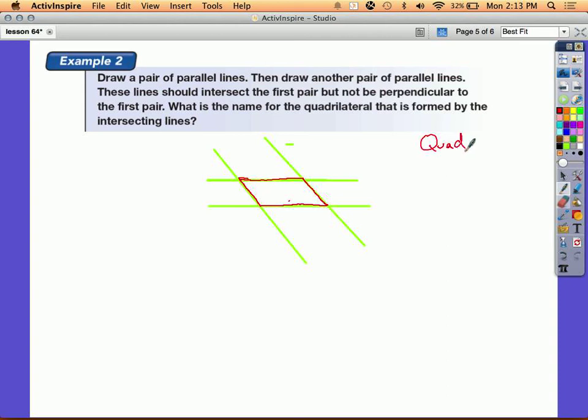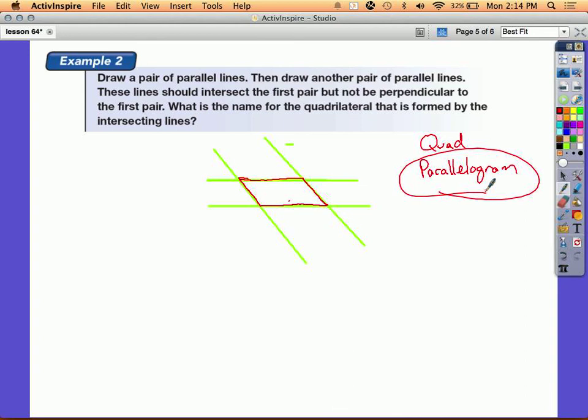I'm going to abbreviate here. Okay. It has 2 pairs of parallel sides, so now it's a parallelogram. Okay. Are all the sides the same? In this case, they're not. So it can't be a rhombus or a square. Does it have 90-degree angles? No, so it can't be a rectangle. So I'm sticking with parallelogram.